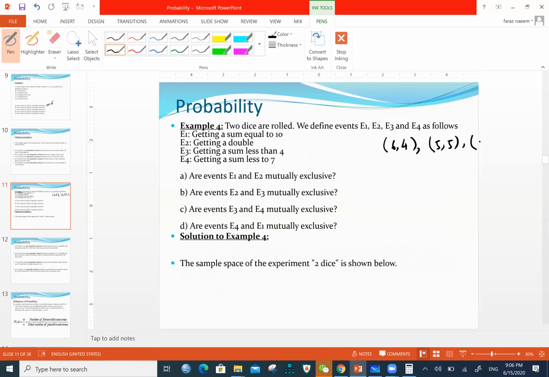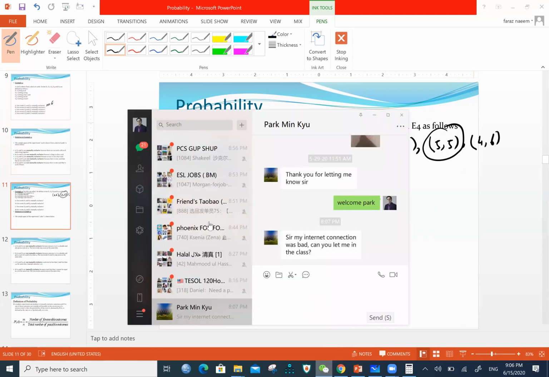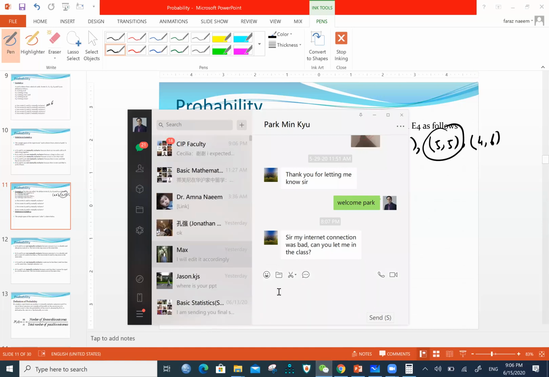Maybe you get 4 on the first die and 6 on the second die. So these are the 3 options when you roll a pair of dice and the sum is 10. Here you are getting a double. Now this outcome 5 and 5 contains both properties. The sum is 10 and we are getting a double, the same number on both dice. Is that clear?